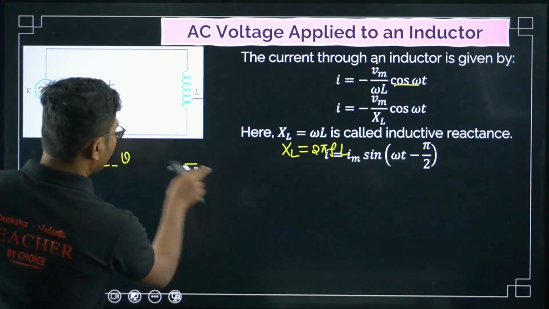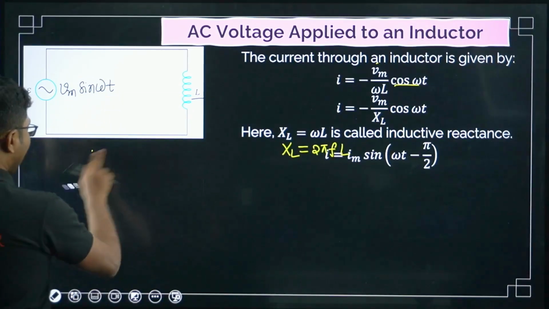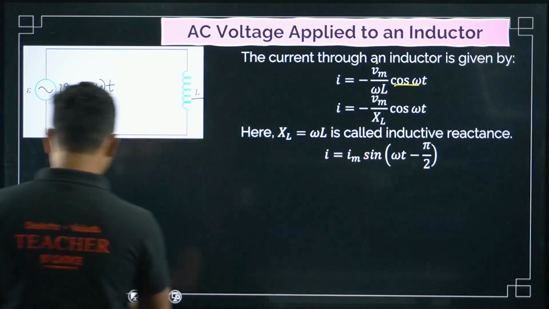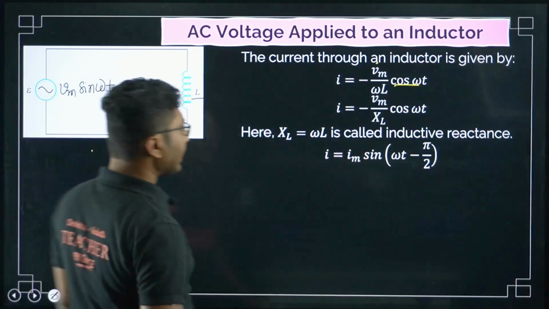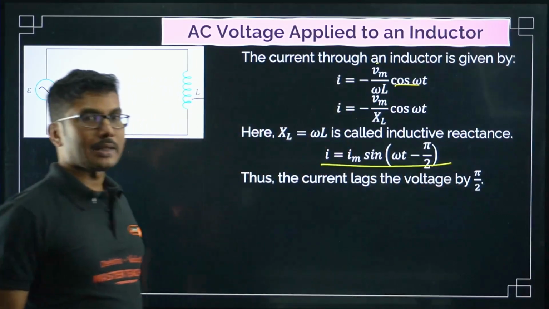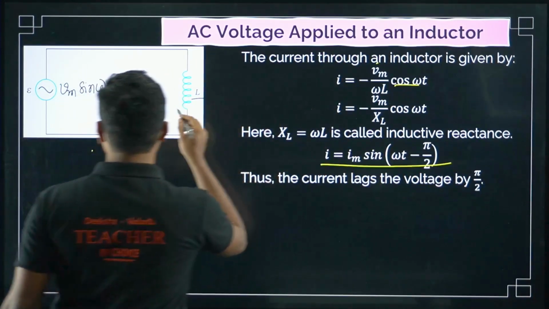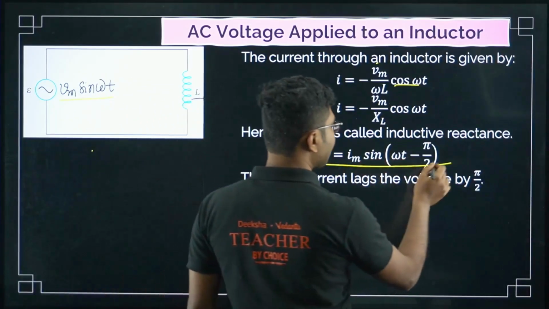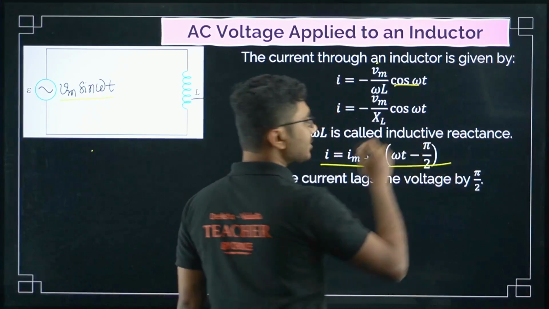Let me go back to that initial equation again, and if you replace this with Im as I mentioned, then you will get I equals Im sin of omega t minus pi by 2. What was our starting point? Our starting point was Vm sin omega t. Now if you see the final expression, it is sin of omega t minus pi by 2.